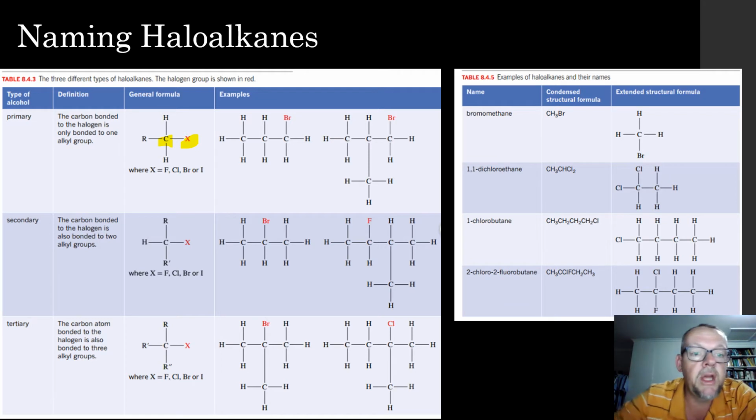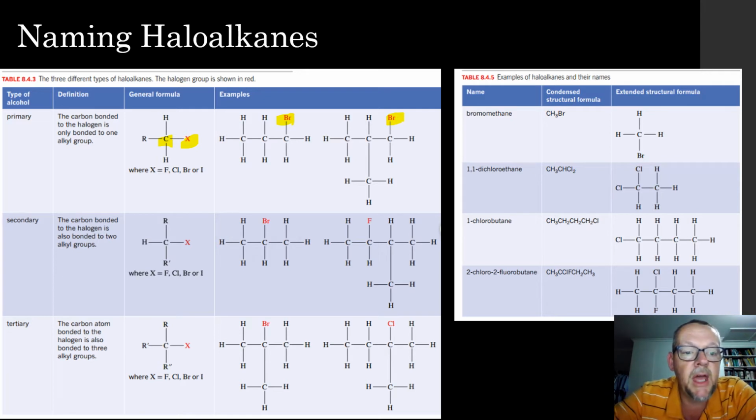So let's have a look here. The carbon bonded to the halogen is only bonded to one alkyl group. Now, if I have a look here, you can see that this is a primary haloalkane because it's only attached to one of those alkyl groups here. Likewise over here.